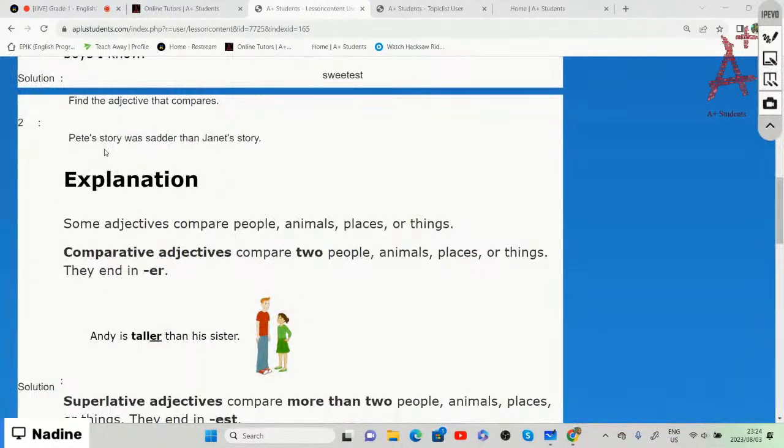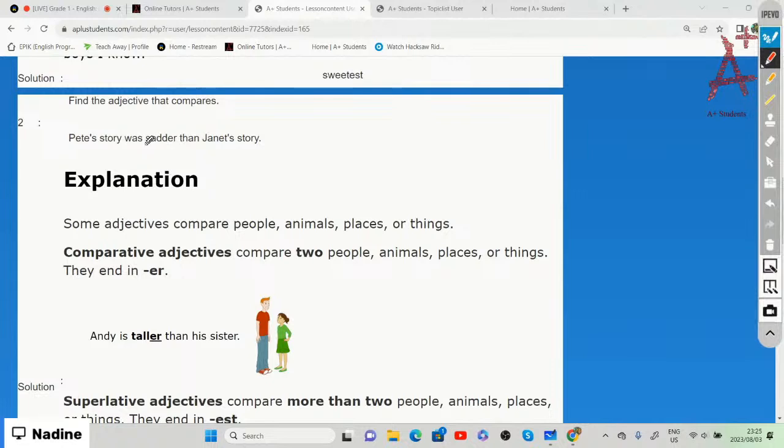Pete's story was sadder than Janet's story. If we identify the adjective that compares within that sentence, we identify sadder. Sadder ends in er, and Pete's story is compared to Janet's story, which is two stories being compared.